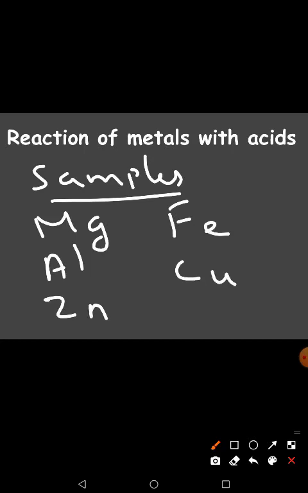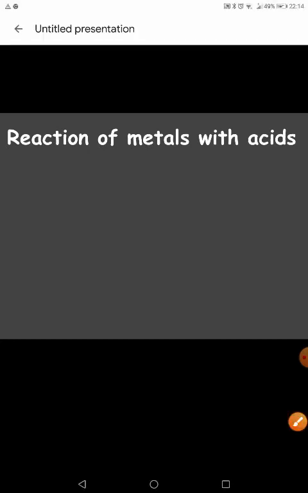These 5 metal samples you have to take, leaving your sodium and potassium. This has to be taken in separate test tubes. Suppose these metals are tarnished, you can rub them with sandpaper to clean them. Now you have to take these metal samples in 5 test tubes.